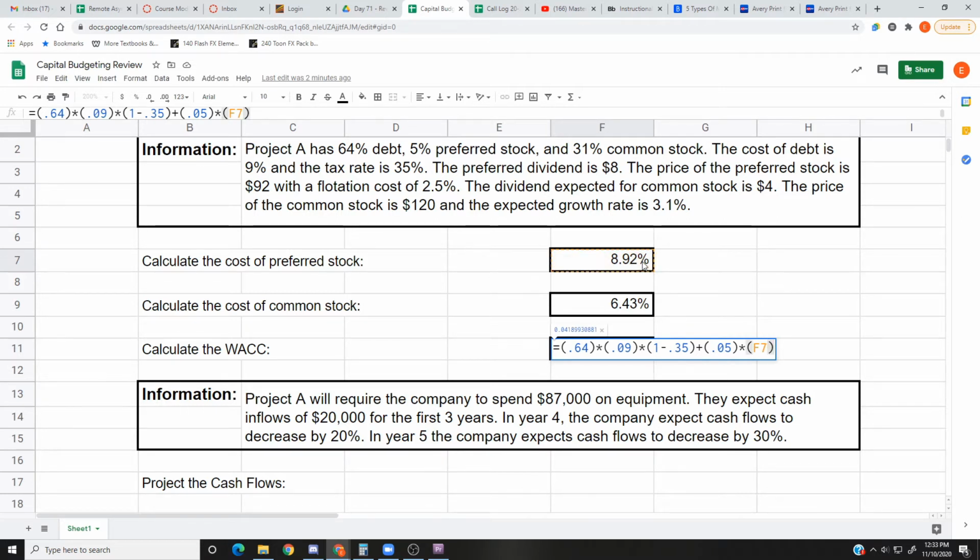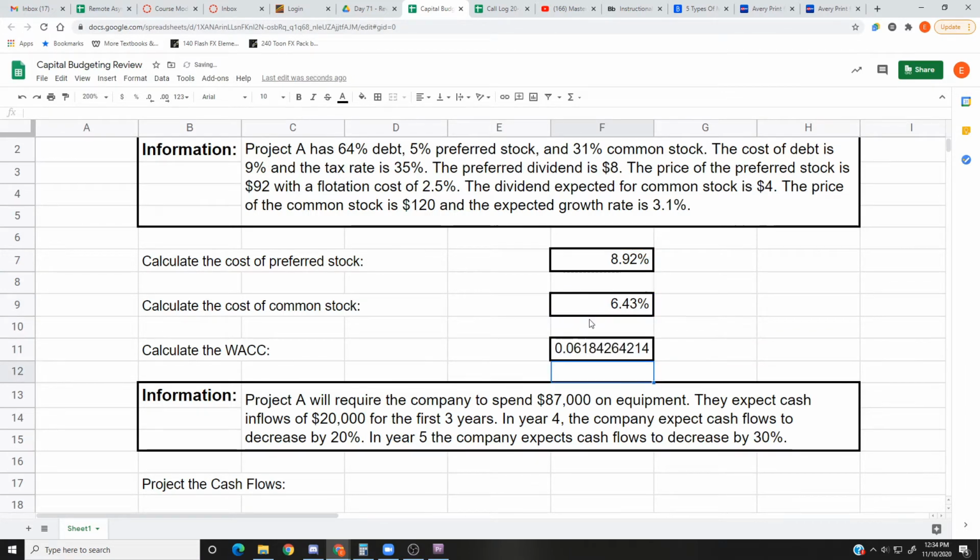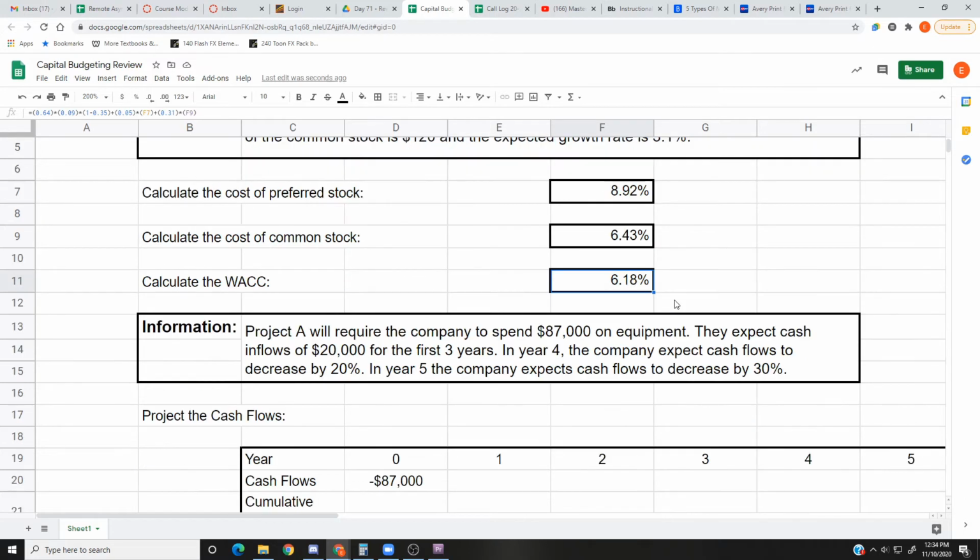Close parentheses, plus the weight of common stock, which is 0.31, times the cost of common stock, which is this box. Click that. Close parentheses. Enter. And now we just got to change this into a percent. Cool. All right. Everything looks good here. And then we keep moving. So let's go ahead and look at the next section.